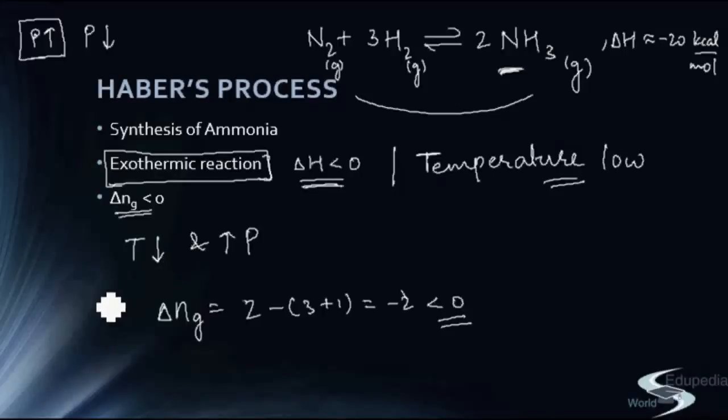But the thing is, usually for chemical reactions, it is pretty much true that at very low temperature their rate of reaction becomes very low. This is because of something called activation energy, which you will study in class 12th. Because of that, low temperatures are not particularly favorable. So this is a dilemma.